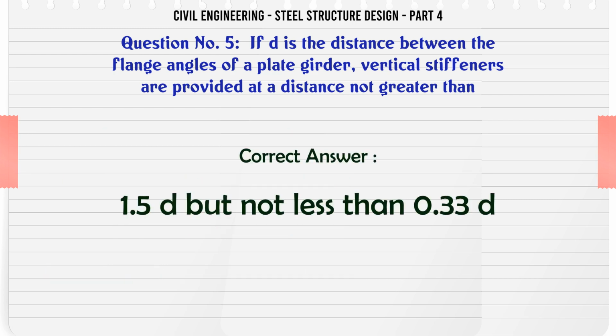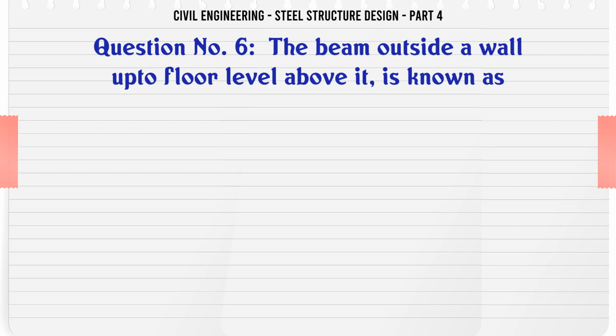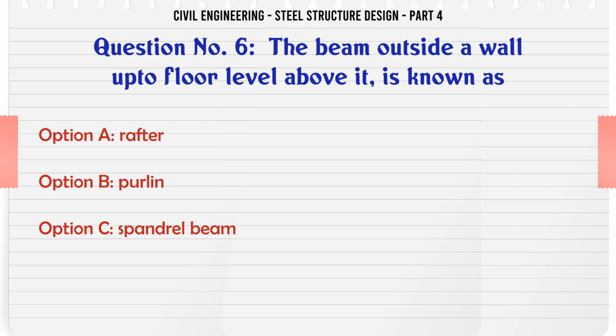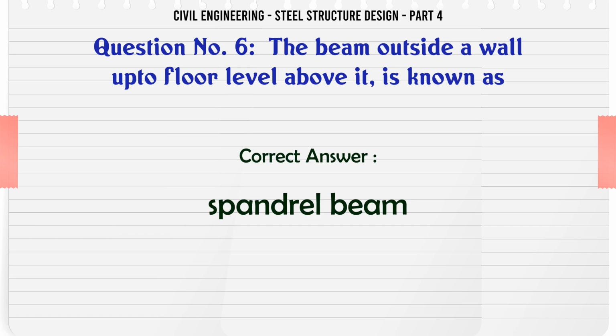The correct answer is 1.5 d but not less than 0.33 d. The beam outside a wall up to floor level above it is known as A) rafter, B) purlin, C) spandrel beam, D) lintel. The correct answer is spandrel beam.